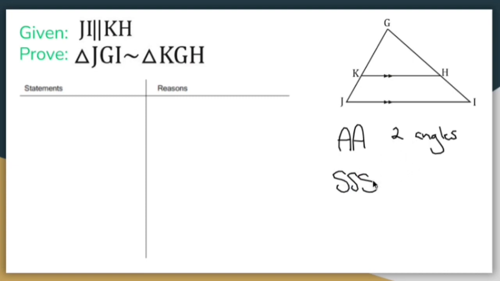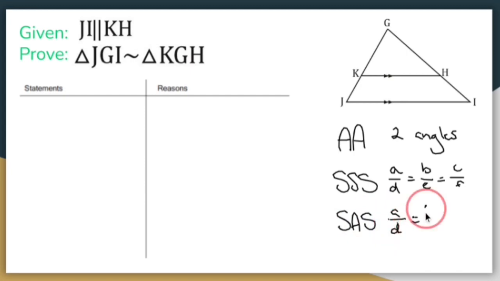So if I have a triangle with sides A, B, and C, and if I could show that the ratio is congruent to sides D, E, and F, then I have myself SSS. The third one is SAS. So if I could show that two sides are proportional, and if I could show that two angles are congruent, then I'm good.